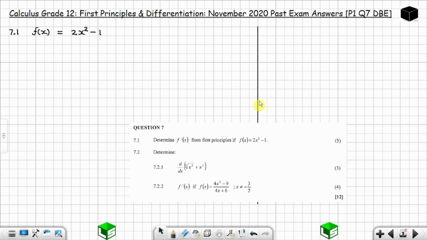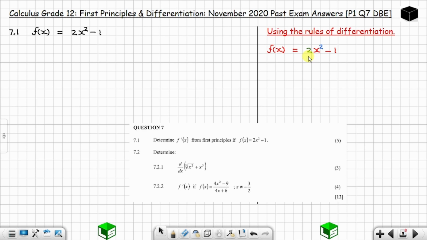Okay, let's do that. Let me put a line here. So using the rules of differentiation, this is f of x. It's given there, 2x squared minus 1. The reason I have my coefficient and my exponent in different colors is because I want you to follow this properly.